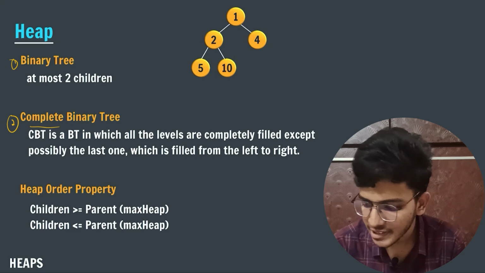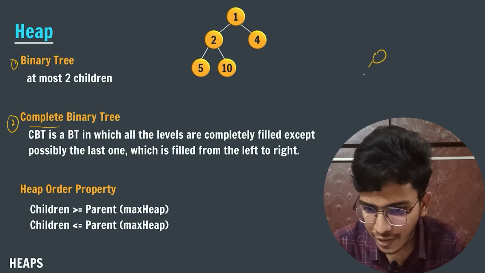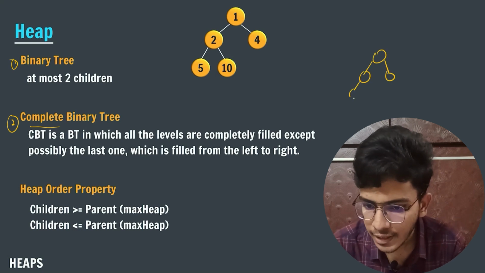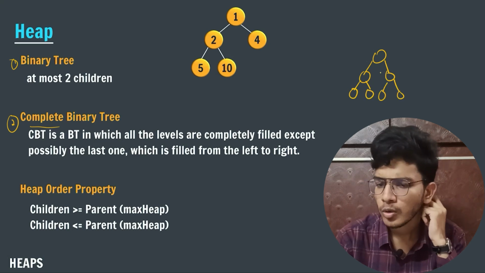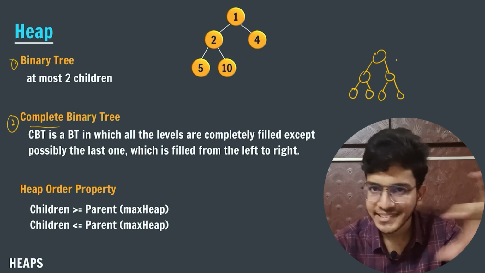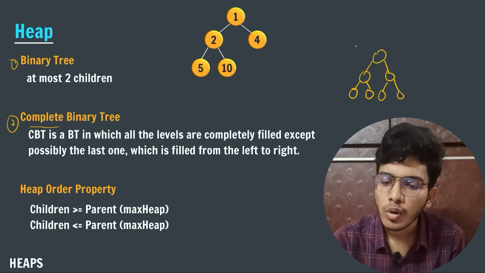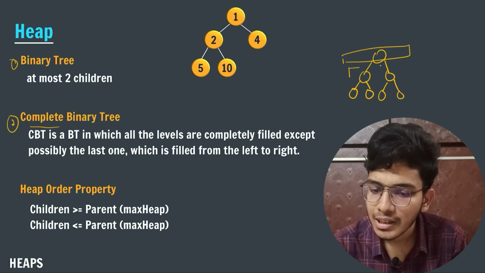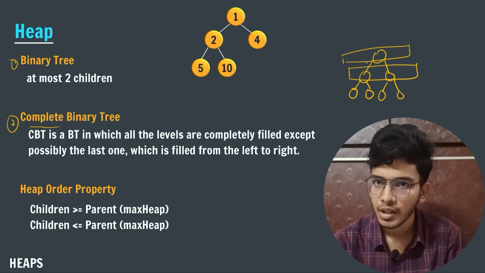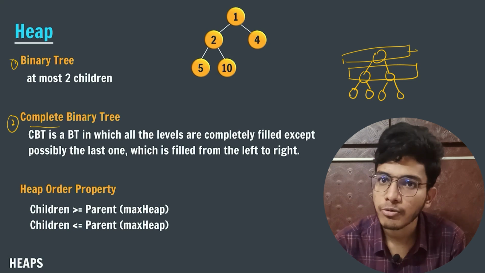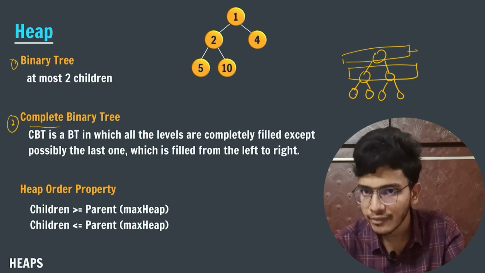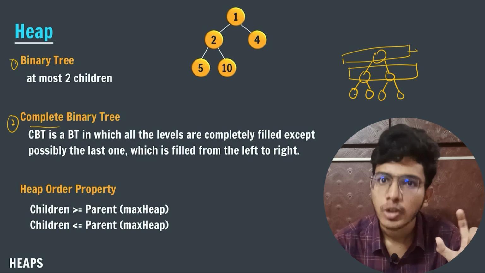It means that let's say you are having a tree, and let's say this is the tree I'm having. Now you can see that in a tree we have different levels. For each and every level, that tree should be filled. What I mean by filled is that, let's say this is a parent, and it should have two children. If it is not the last level, then it should have two children.